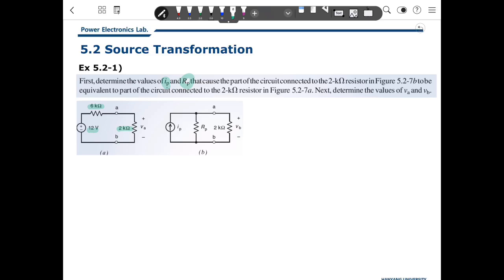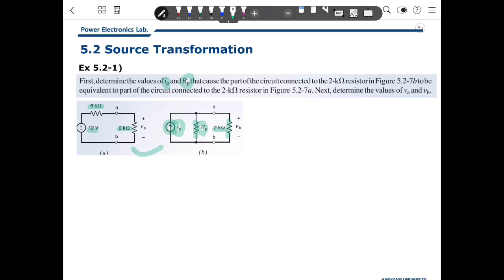But in another circuit, we have one current source and a parallel connected R, and the same load resistor of 2 kilo ohm. Then to make the same circuit, how do we design IP and RP? So there is a problem for the source transformation. Actually, we already know the solution.